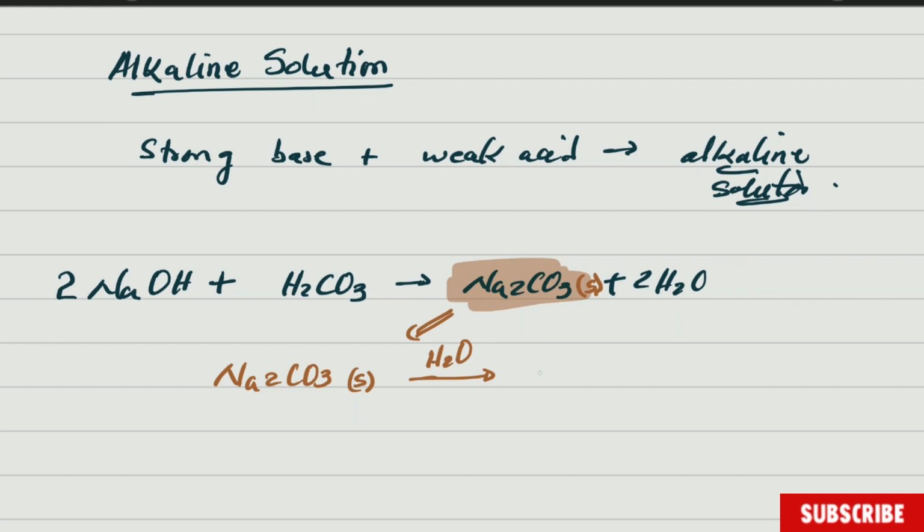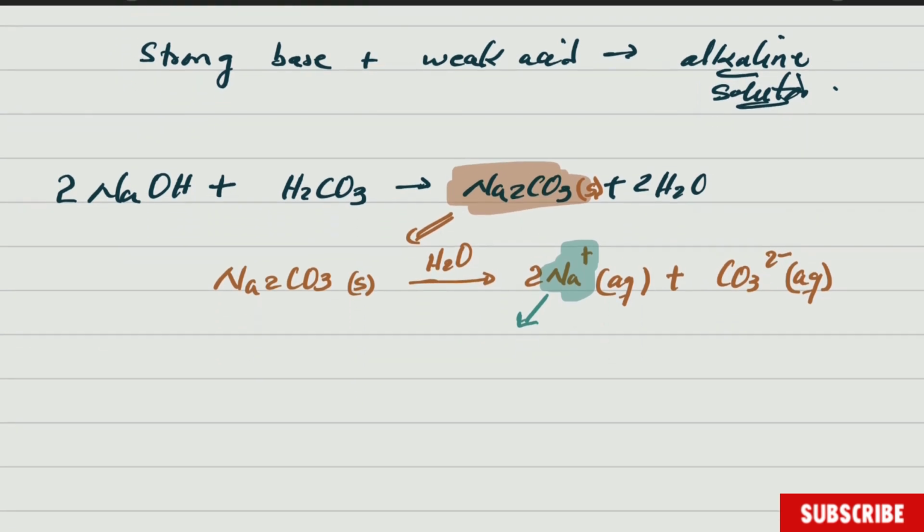Okay, now here, this one dissociates into Na plus, as you can see, aqueous, because it's going to be in the water, plus CO3 2 minus aqueous. Now, very important, this one there is a cation of strong base.